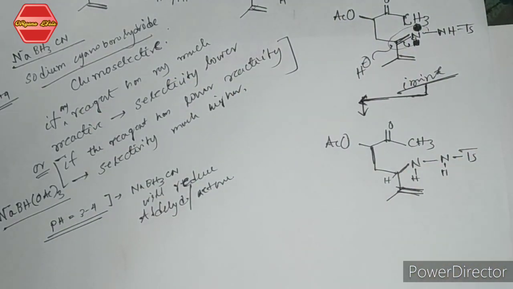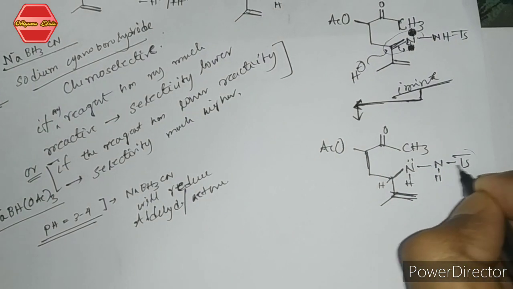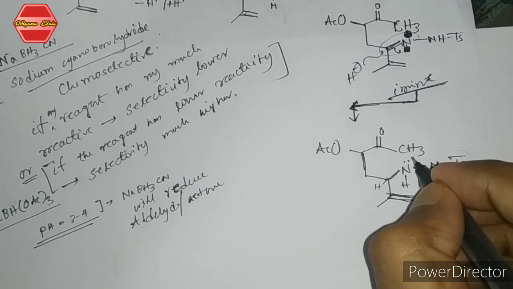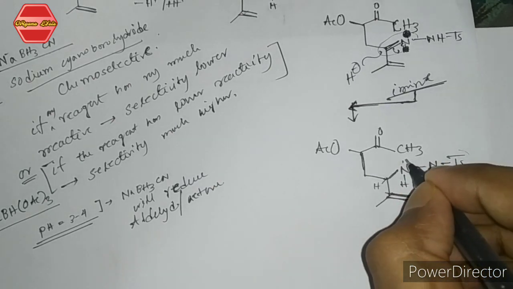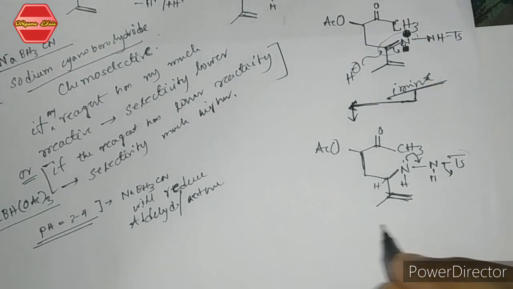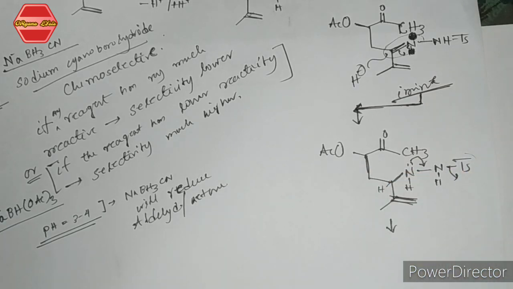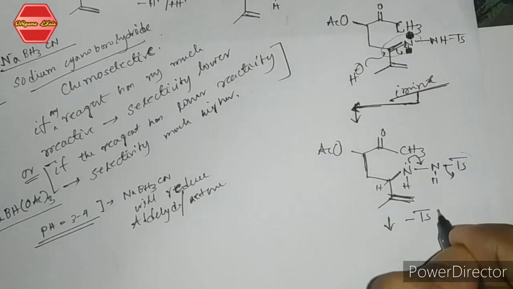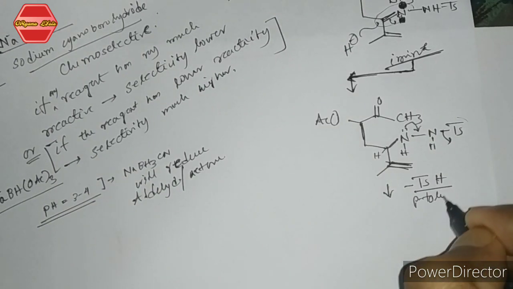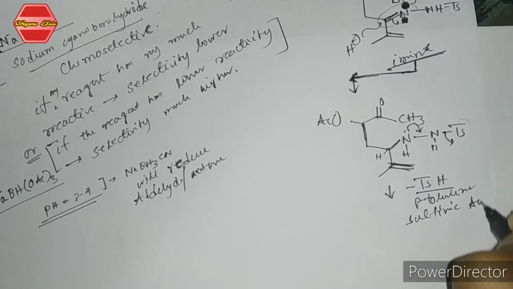Now see, there is a tosyl group, and this tosyl group is easily removed from the system. How? This negative charge pushes back here, and the tosyl group leaves in the form of para-toluene sulfinic acid. I am writing it here, TsH, which is called para-toluene sulfinic acid.